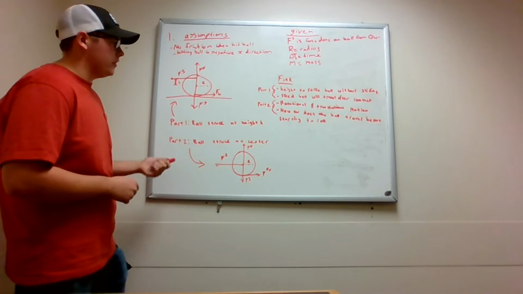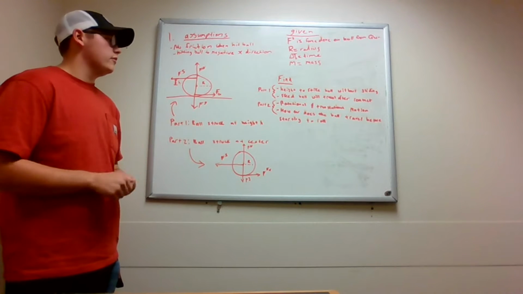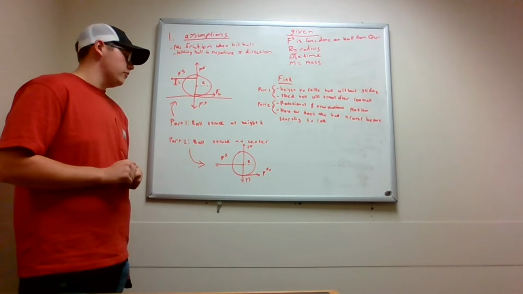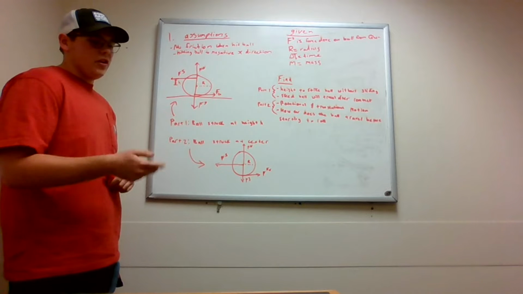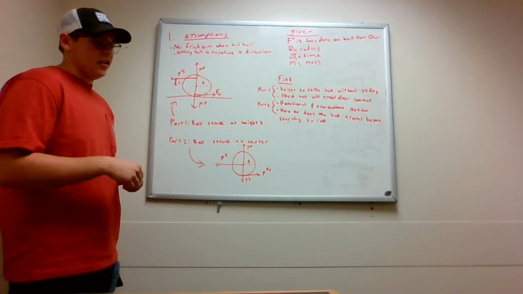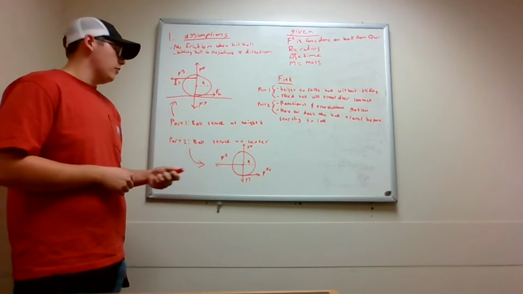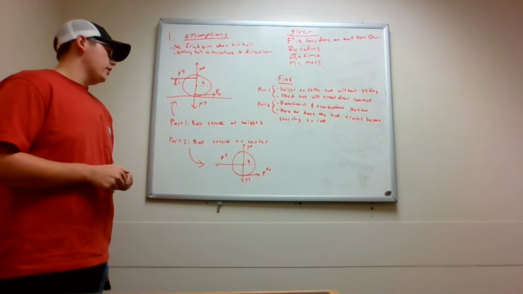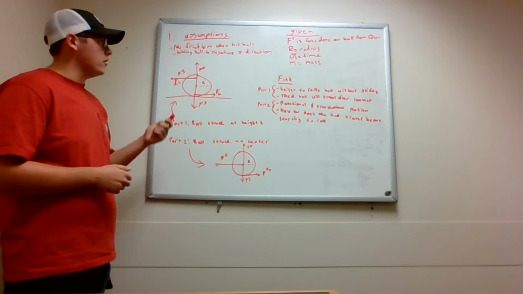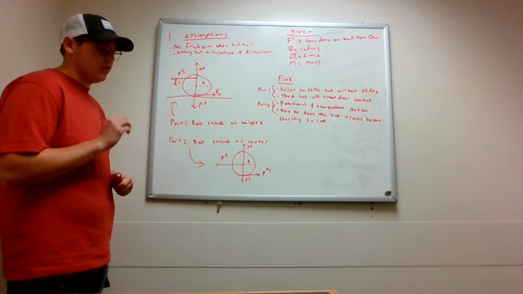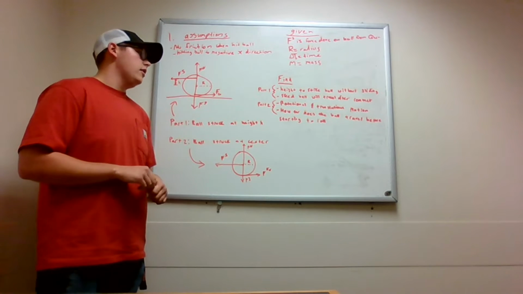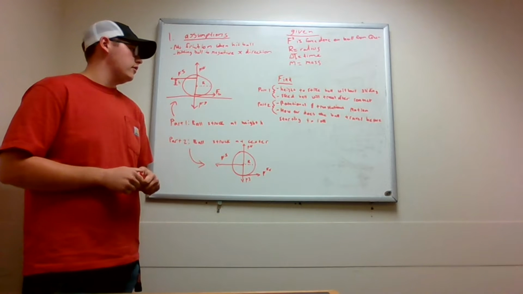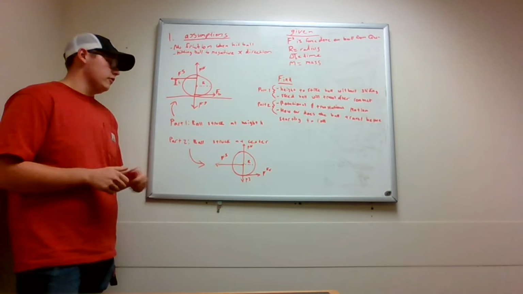For part two, we're going to have to find the rotational and translational motion, since we need to find when the ball starts to rotate and not just slide after being hit from the cue in the middle of the ball. After the ball is struck, we are assuming that there is no friction when the ball is being hit as well. And then we're going to find how far the ball travels.